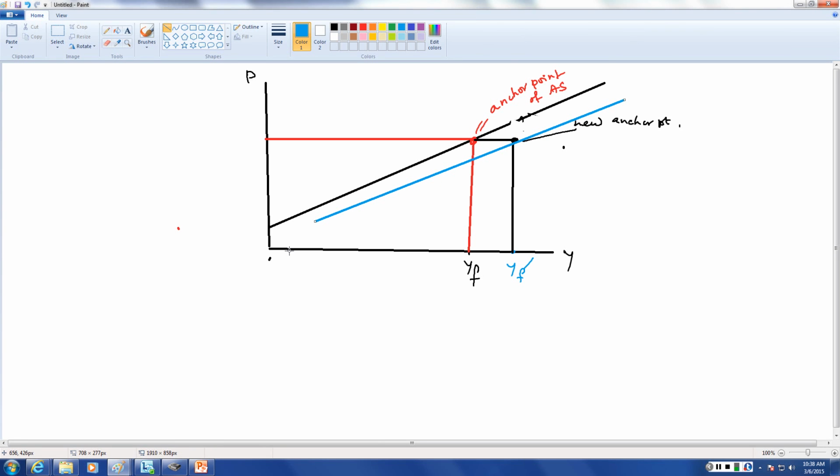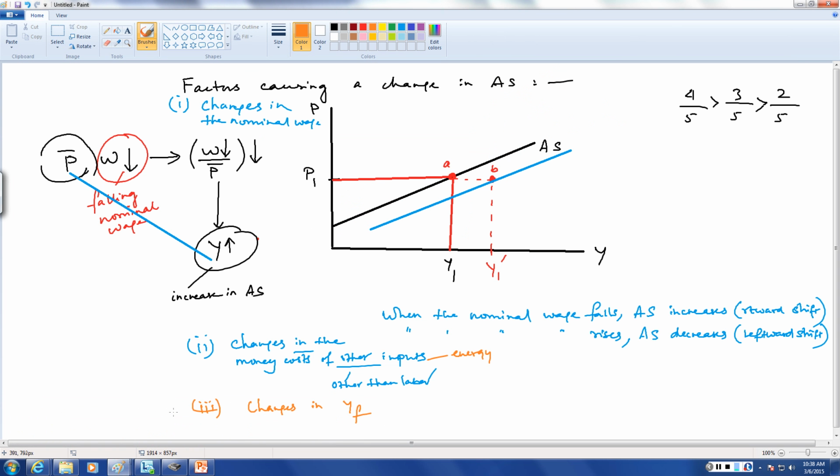So that was the third factor, which is in this slide. So we have now understood that. Is that correct? We now have an understanding of this last factor. This relates to the anchor point of the AS curve. So we've dealt with AS. Now, quickly, in the time that I have left, talk about AD.